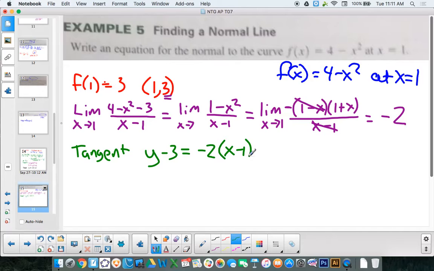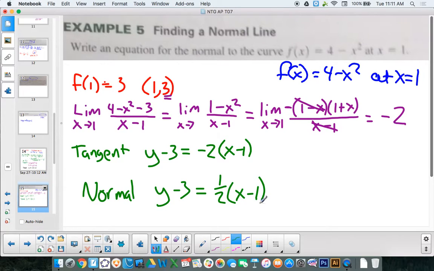And then my normal line will be the same thing, except I flip and negate my slope. My normal line is y minus 3 equals 1/2 times x minus 1. All right?